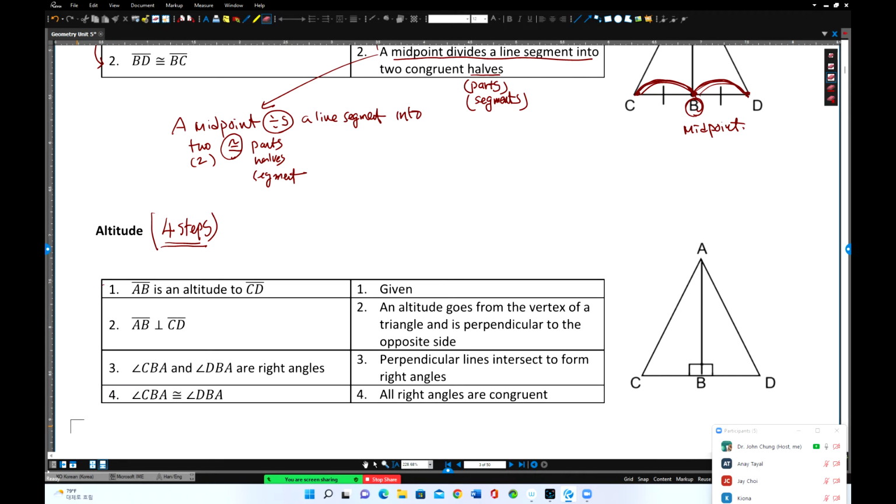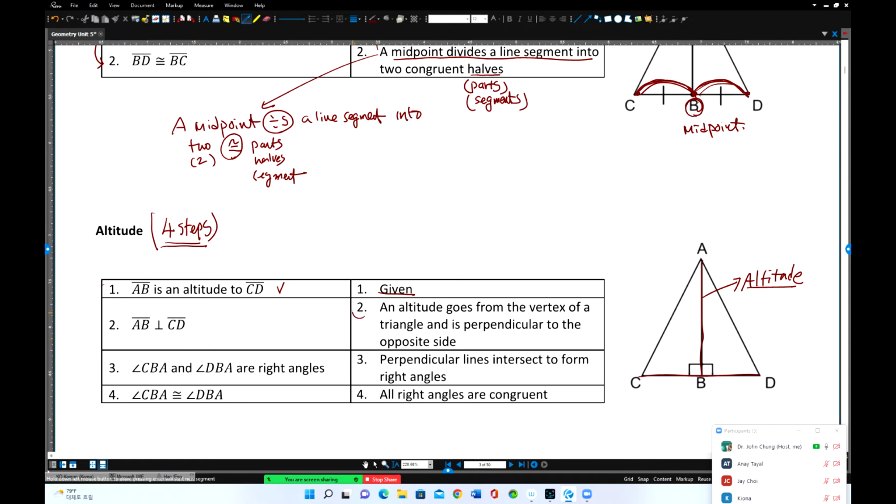When you have an altitude, this is AB is altitude. They said over here, okay? If they said AB is altitude, that's given in the question. This is the altitude. By definition, what is altitude? Altitude means this line AB and the base are what? Perpendicular, right? You have to say this one first. That's the second step.